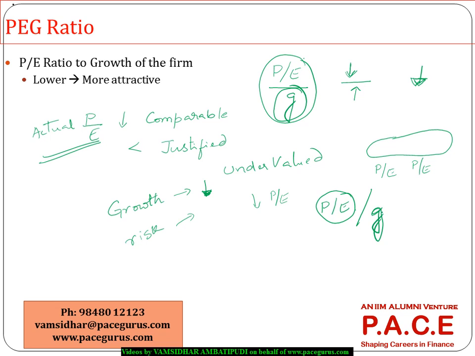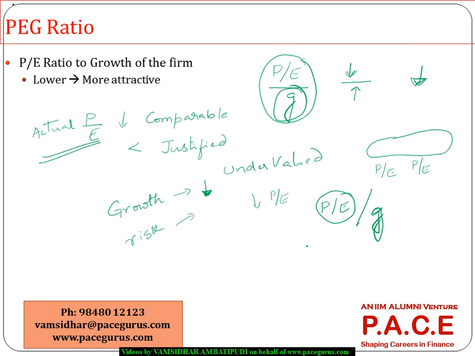But if the growth is high and the P/E is lesser, that is an indication of the attractiveness of that particular company. So we are looking at both of them together rather than looking only at P/E in isolation.